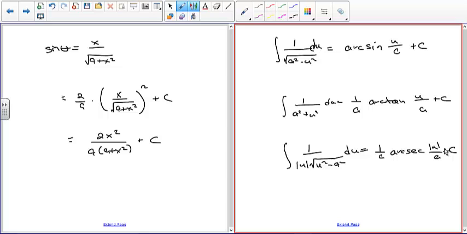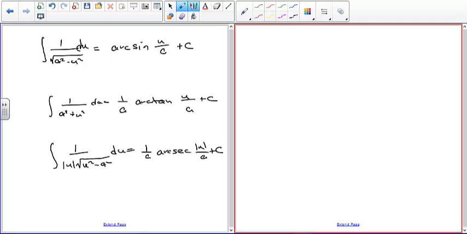The question is, what would be the integrals if I switched? Now that I've got trig substitution, I should be able to figure out what the other variations of this are. So we're just going to look at those 3 cases just to see what happens. So I'm going to use this as an example.